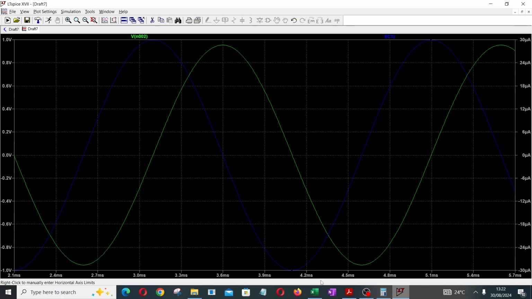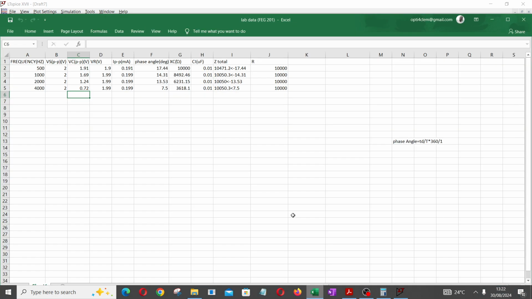The formula is this. Let me quickly write out the formula. The formula for finding the phase angle is TD divided by T, that is capital T, multiplied by 360 over 1. Remember, the total angle in a cycle is 360 degrees. TD is the time difference. Then capital T is the period of the waveform.